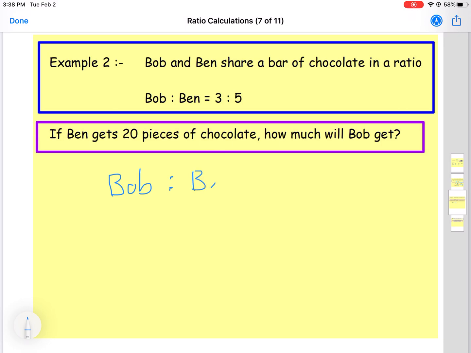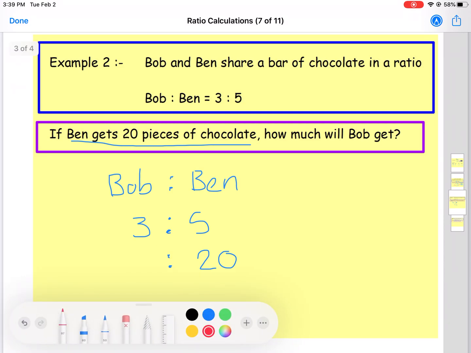So Bob to Ben. The ratio is 3 to 5. We don't have to find this, we just have to use it. Now this time, Ben gets 20 pieces. So the piece of information that I know from the purple part of the question is that 20 can go underneath Ben's name.